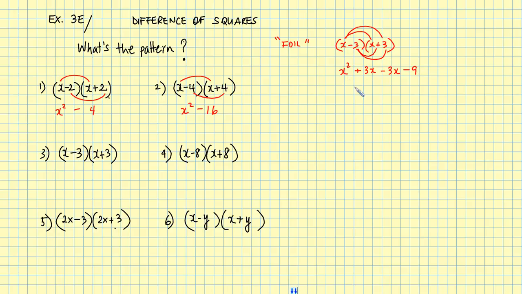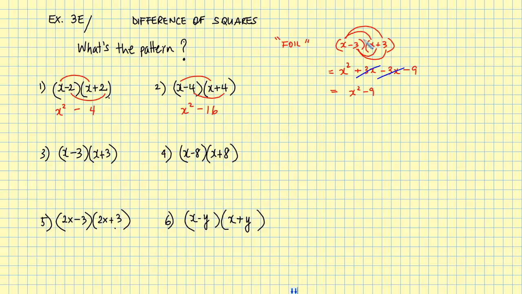When I simplify the terms in this expression, the positive 3x and the negative 3x cancel themselves out, and therefore I'm left simply with x squared minus 9.